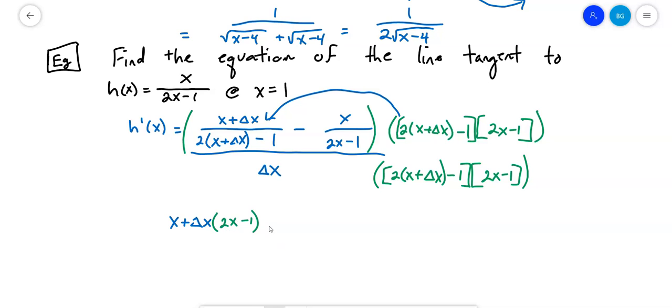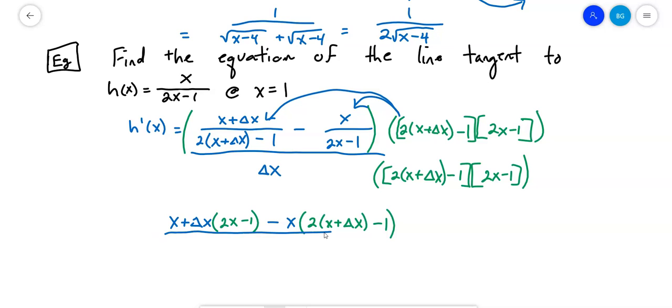And then I'm going to have minus. Now when I distribute here, this side's going to cancel, but I still have that factor left, so it's going to be x. And then again, in green, I'm going to put the part that's coming from the right. There we go. So that takes care of our numerator.